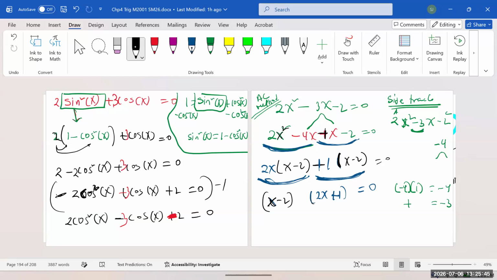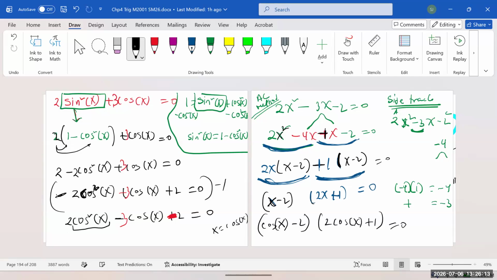Now see here, I have 2x, 2 cosine square. So if our x is cosine x, then this becomes cosine x minus 2, 2 times cosine x plus 1, right? I did the math like algebra, but from here to here, how does it go? 2 cosine square times 2x square.